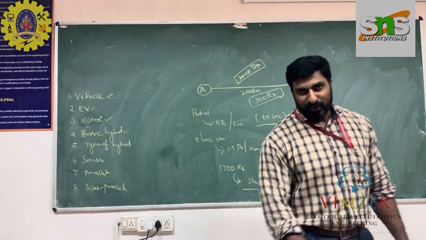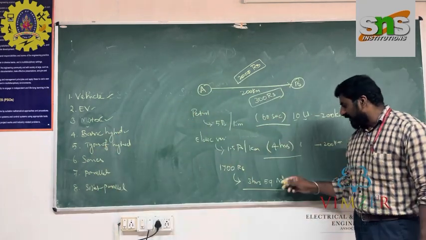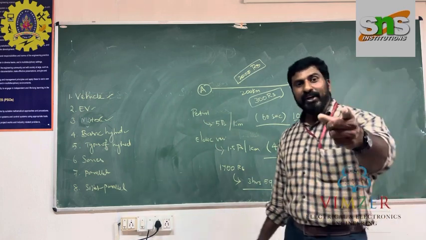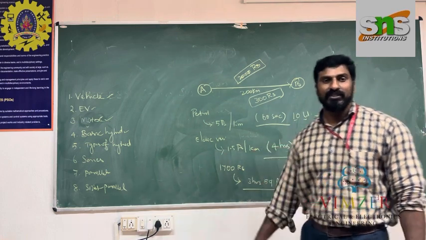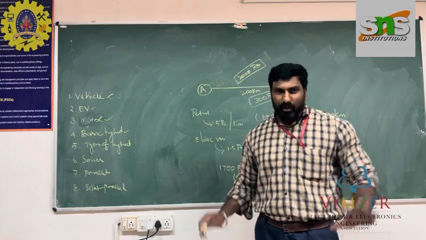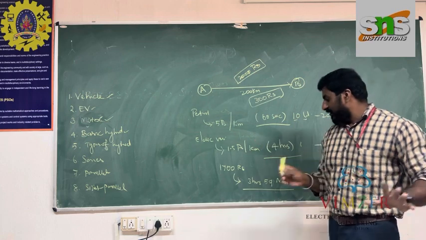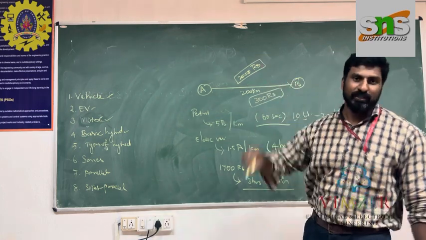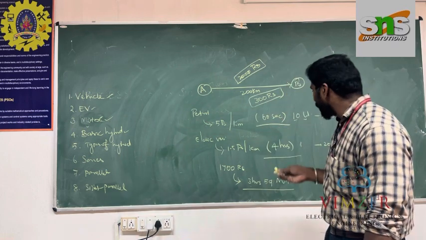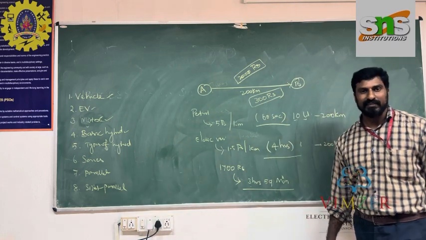So we need to wait up to 3 hours 59 minutes. If you are ready to wait 3 hours 59 minutes, you can save 1700 rupees. No sir, I am not ready to wait 3 hours 59 minutes. So you need to pay 2000 rupees. Your time duration will be just 60 seconds.